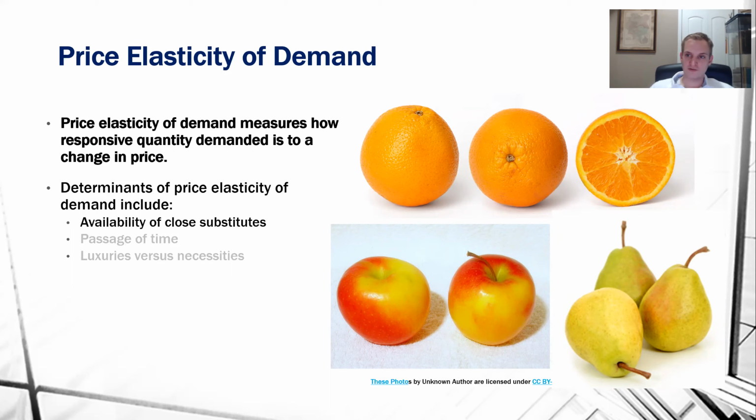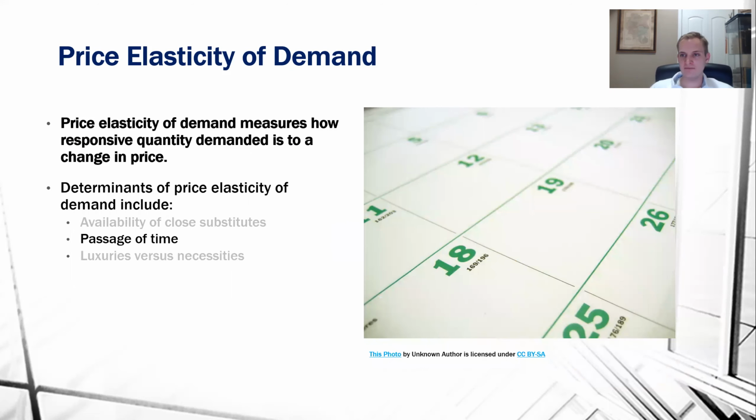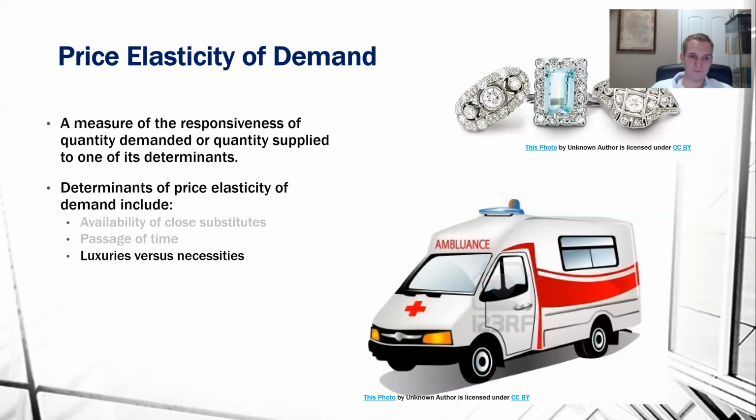So the conclusion here is that my demand curve, maybe your demand curve as well, for oranges is going to be relatively elastic, meaning that you will respond to the change in the price of oranges by purchasing a substitute good in its place. In the passage of time, this is really just referring to how consumers' tastes and preferences will change over time in accordance with different market circumstances.